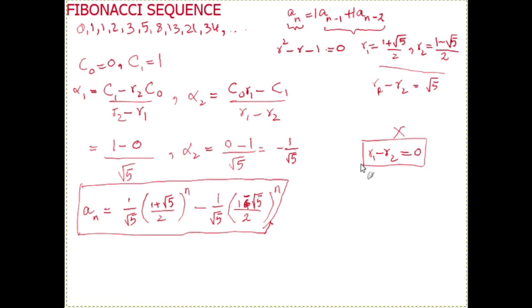Because remember, alpha is given in terms of this denominator, so if the denominator is 0, then we cannot find alpha. So this is something to keep in mind: this only works when r1 minus r2 is not 0, and the characteristic equation has no roots with multiplicity. But as a simple case, this will work. Okay, so this was the purpose of presenting this method.